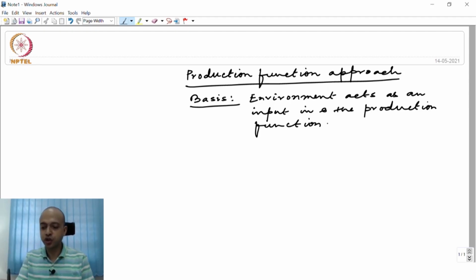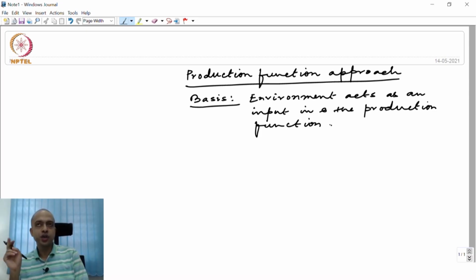in the production function. If you recall initially, when we discussed the major types of services that we derive from the environment, one such service was that the environment can act as a supplier of material and energy. Environment can also act as a supplier of absorptive capacity, and as a supplier of the global life support system.